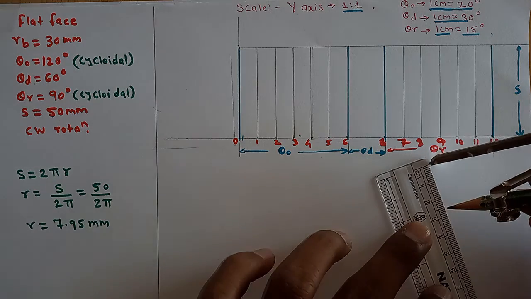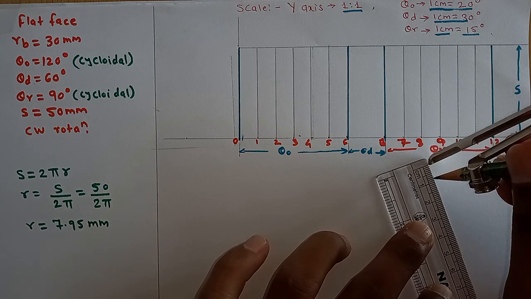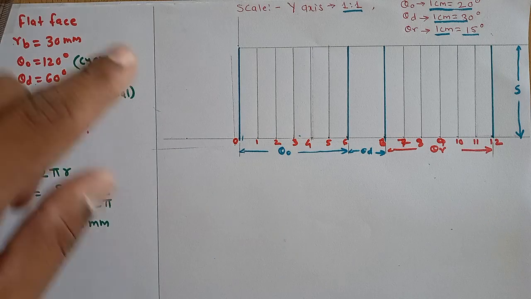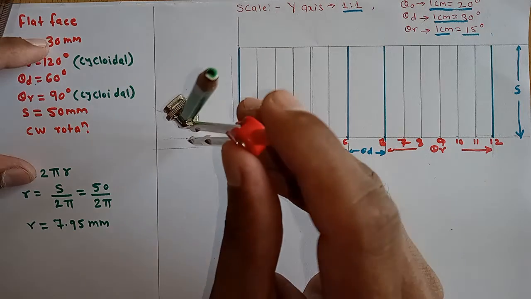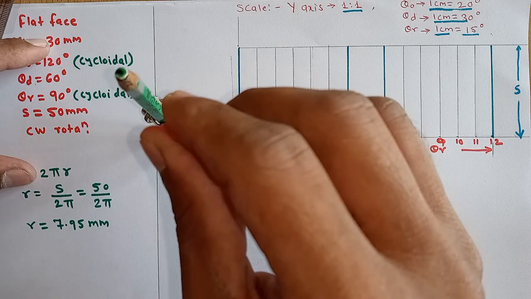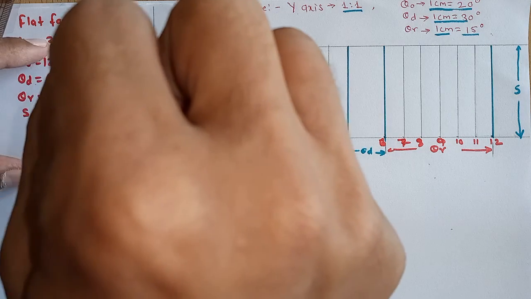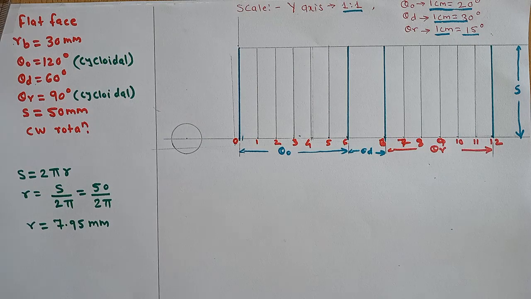On the extension of x-axis, I will draw this generating circle whose radius is 7.95.